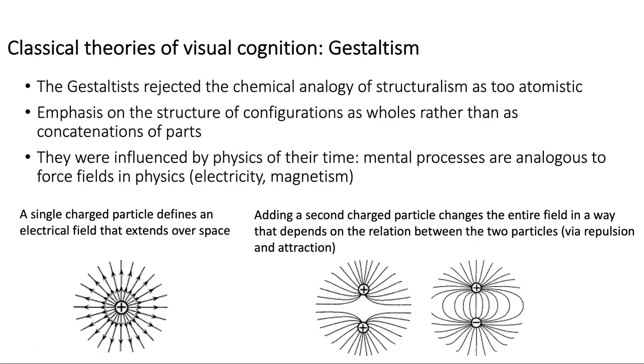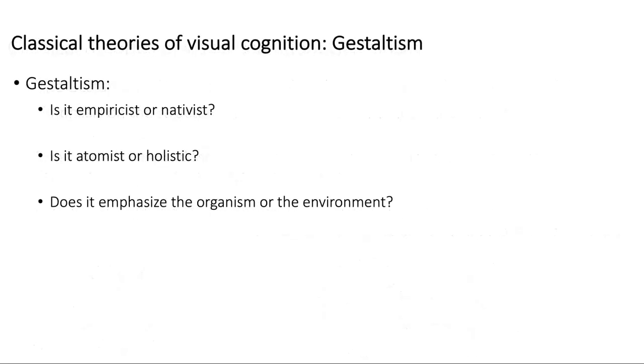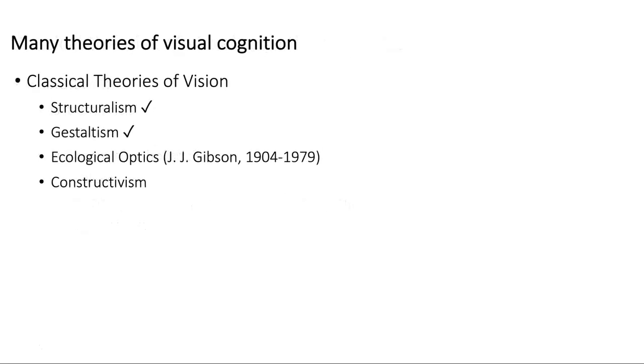It is not only atoms, but organization of the atoms in space. So Gestaltist people were making a similar assumption here. As I described now, you may think about Gestaltism as a nativist approach, as a holistic approach, and they of course focused on the organism.